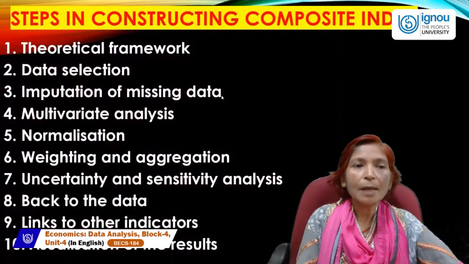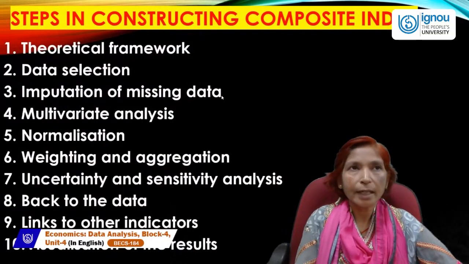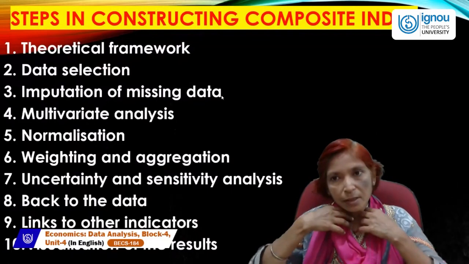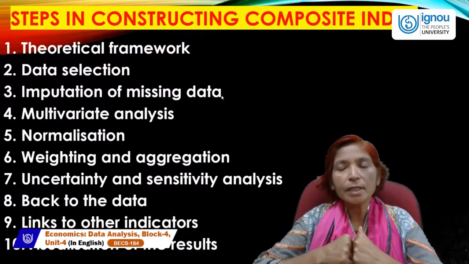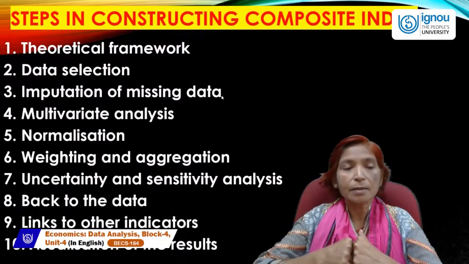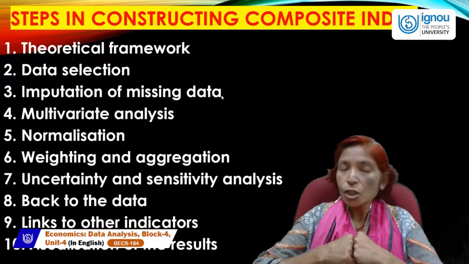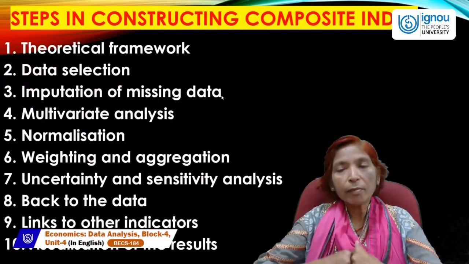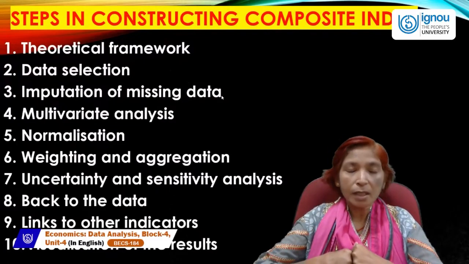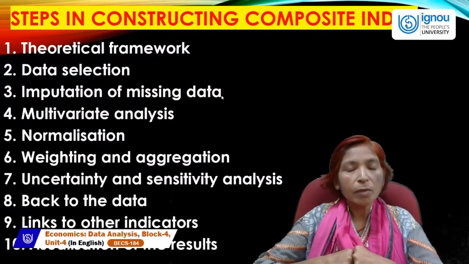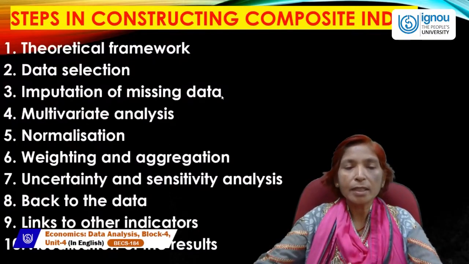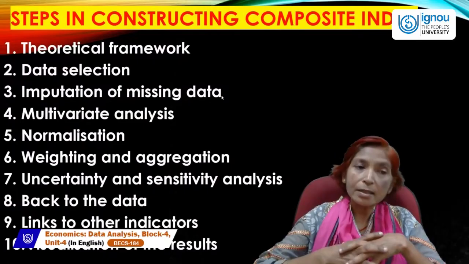Next are the steps in constructing a composite index. What are the various steps of estimating this composite index? There are 10 steps. One is the theoretical framework. We should learn how we can make this composite index. In the theoretical aspect, we must have knowledge regarding this composite index. Next is data selection.